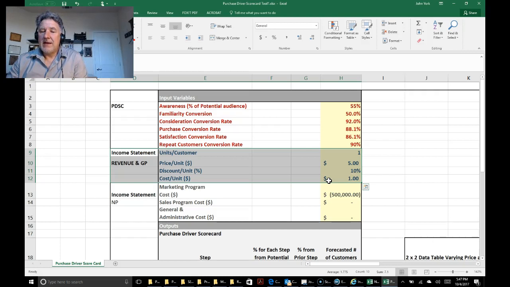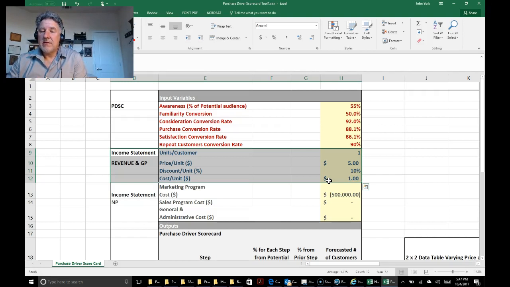So what we have is units per customer, because we're going to calculate the number of customers ultimately that are coming in, both as first purchase, but also repeat purchase. So we're talking about per each of those purchases. Then we have price per unit, and then we have discount per unit. I've thrown that in because many times there may be discounts that are thrown in against the main price. And this is a good way of starting to include discounts into your revenue model.